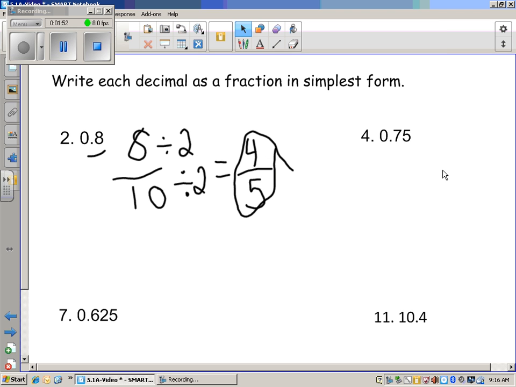Okay, so number 4 is 0.75. My last digit of the decimal is in the hundredth spot, so that is what I'm going to put the decimal over. So I've got 75 over 100.